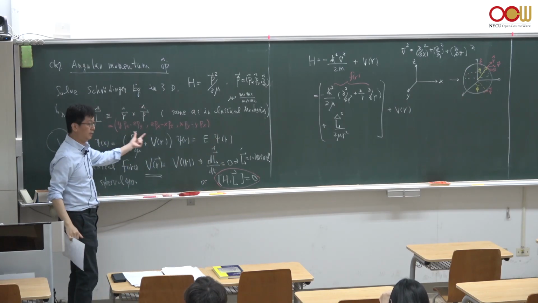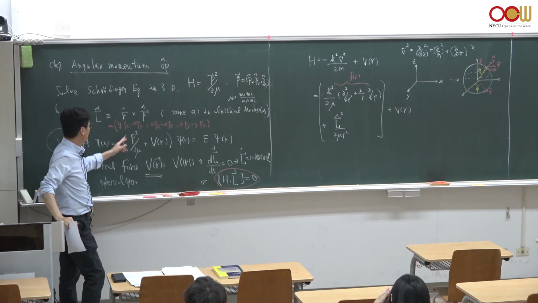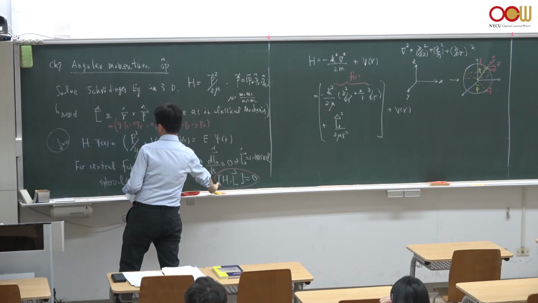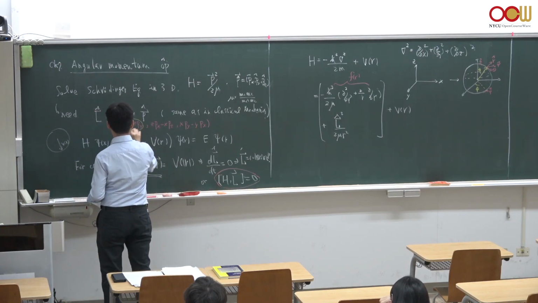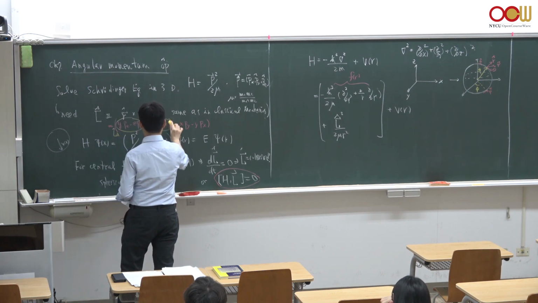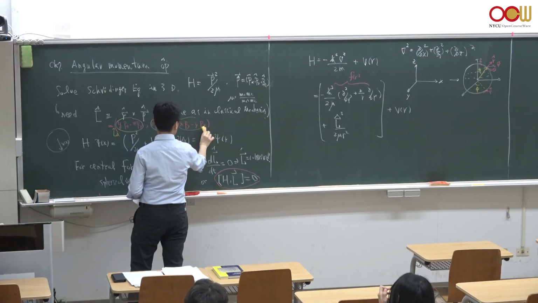So these are the three components of the angular momentum operator in Cartesian coordinates: Lx, Ly, and Lz.